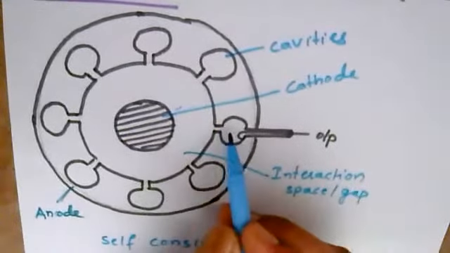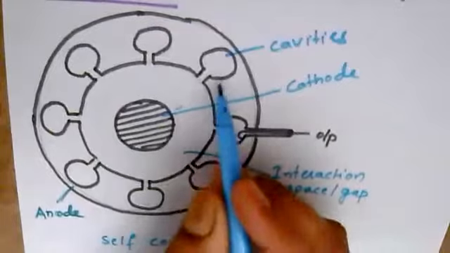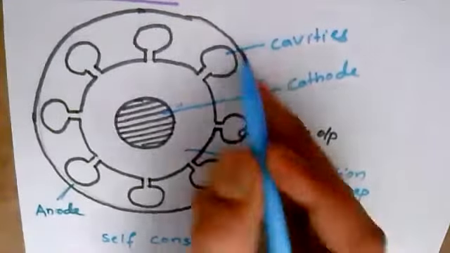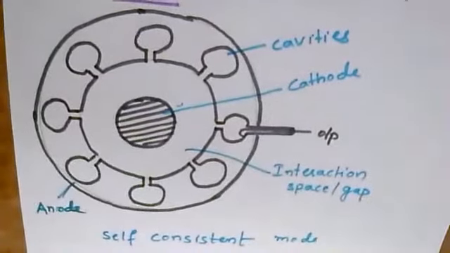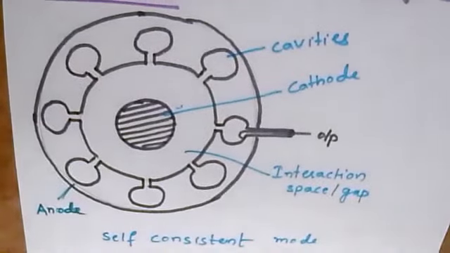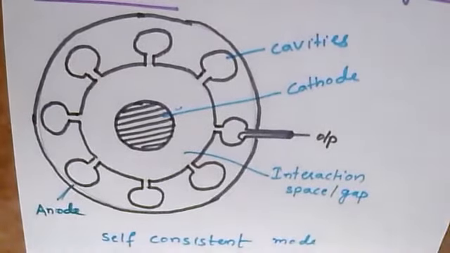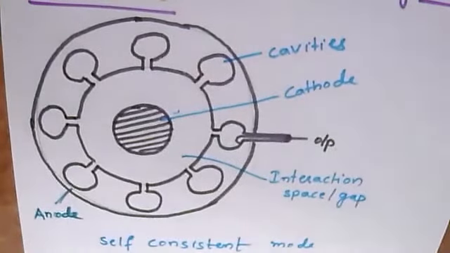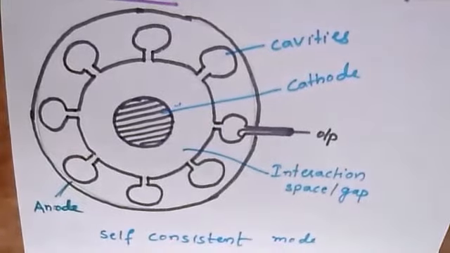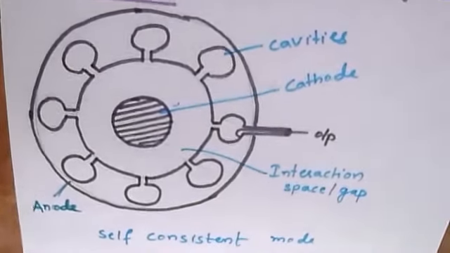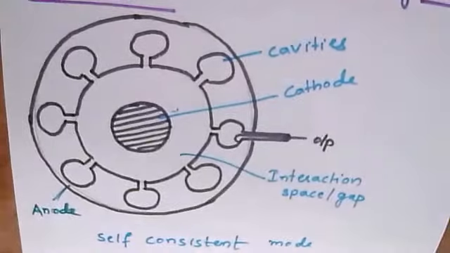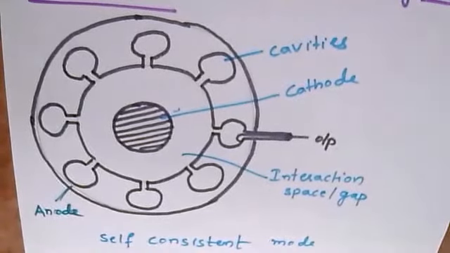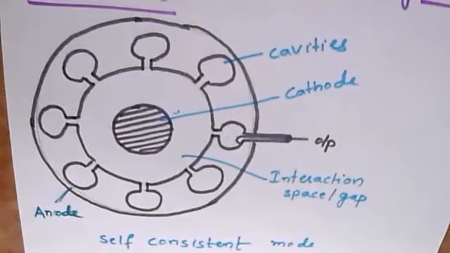What should be the phase shift between the cavities, so that it can cover the entire 360 degrees? All the cavities will be covering 360 degrees with equal distance.